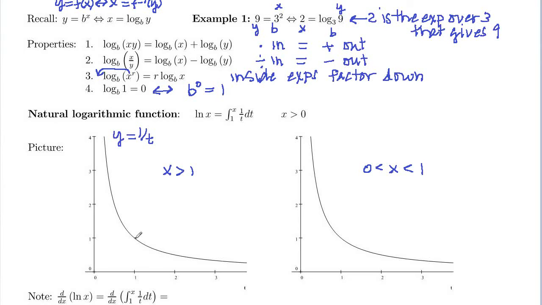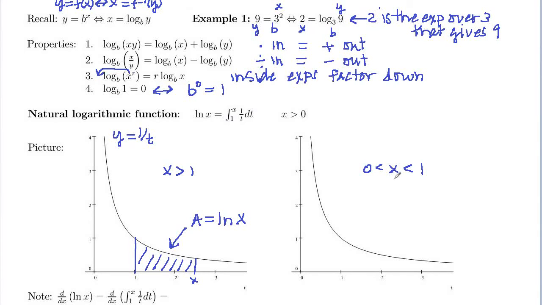So here's 1 right there, and then pick an x greater than 1 out here. So the logarithm is the area from 1 to x. It's that area right there. So that area is the natural log of x. So the natural log is an area function for 1 over t dt.